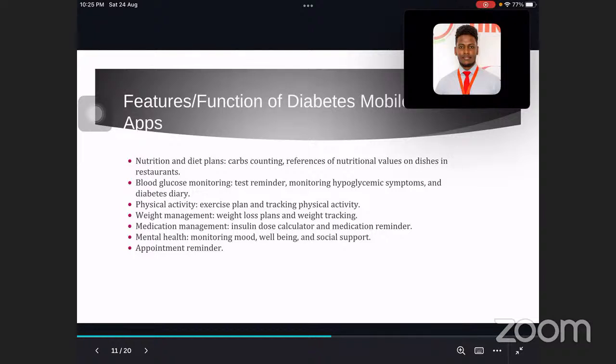Also monitor physical activity, like giving exercise plans, tracking physical activities, and weight management. Also, they provide weight loss plans and weight tracking. Medication management, like an insulin dose calculator and medication reminders. Mental health, monitoring the mood and well-being of the patient, social support to the patient, as well as appointment reminders.